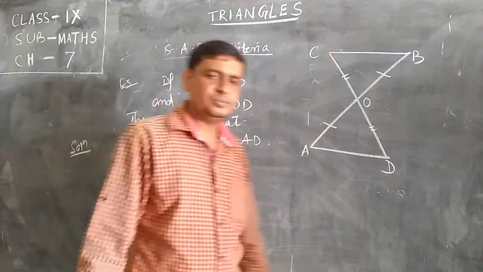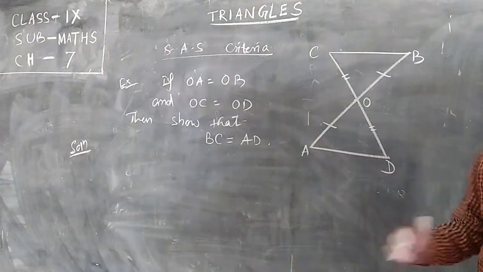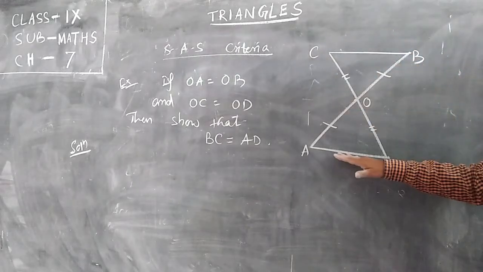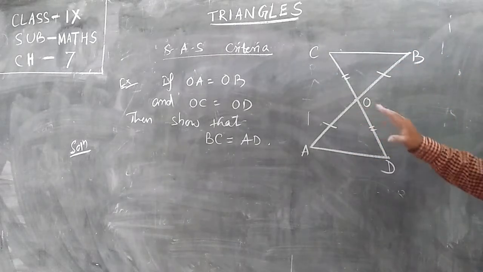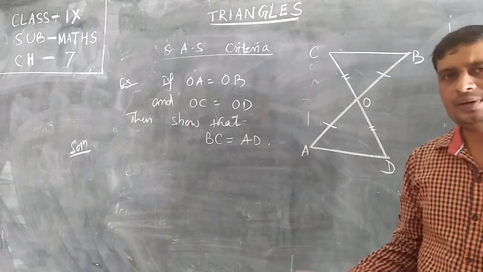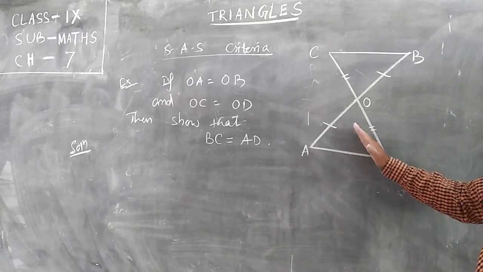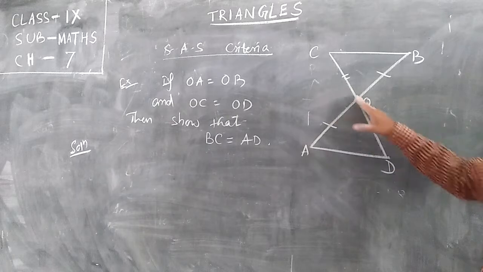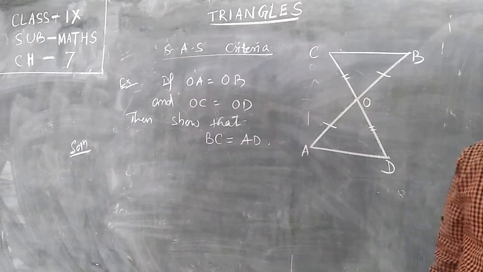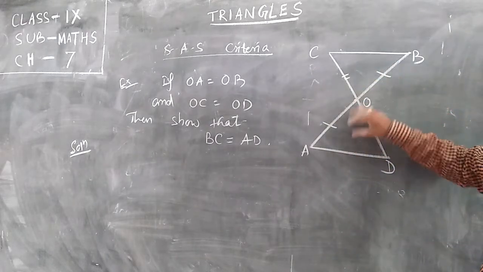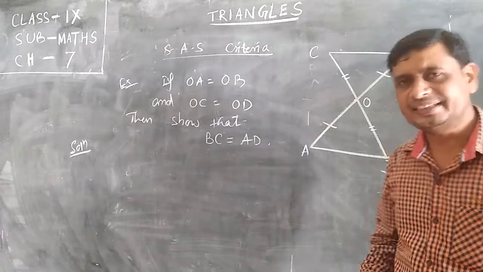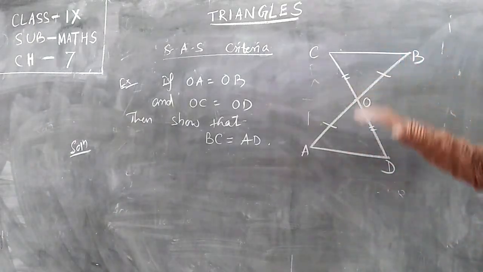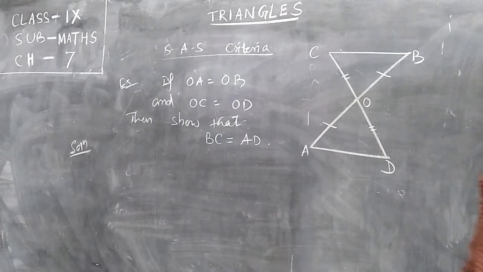First, these two sides BC and AD will be equal if we show both the triangles BOC and AOD are congruent. After getting the congruent triangles, we can write BC and AD are equal by CPCT.